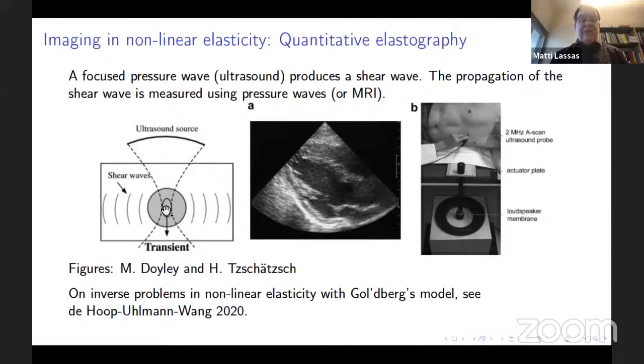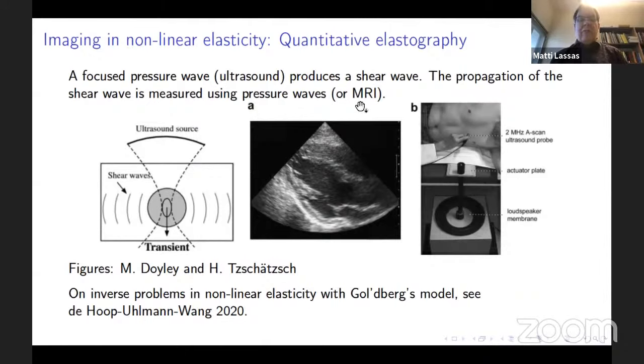One focuses these waves, and the focused wave produces a new type of waves. This probably is also related to a nonlinear process. The focused pressure waves produce a shear wave that starts to propagate, and the shear waves are slower than p waves. And then one can use again pressure waves or ultrasound to measure how these shear waves move.